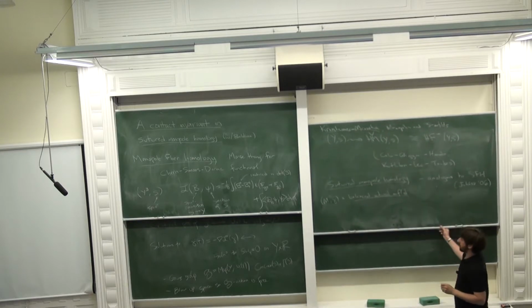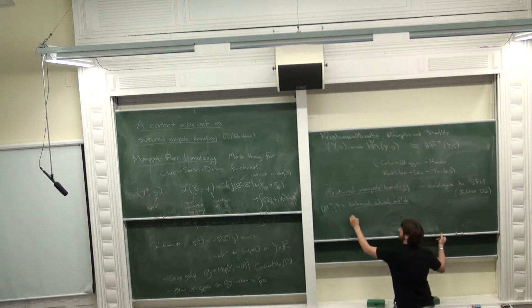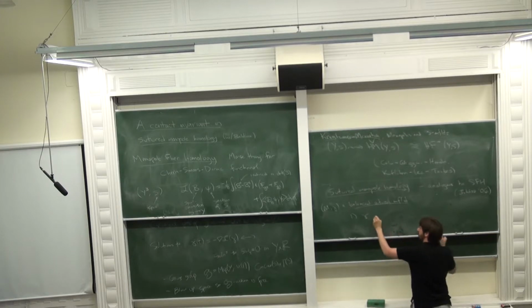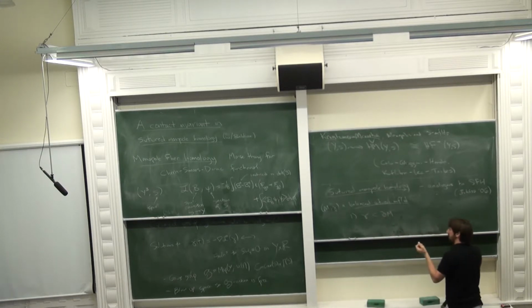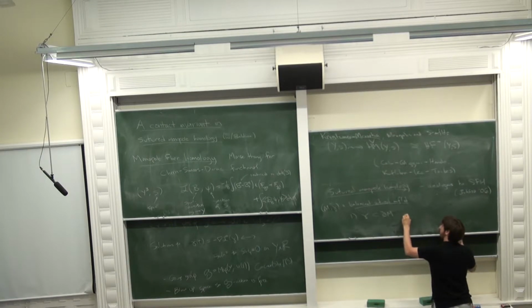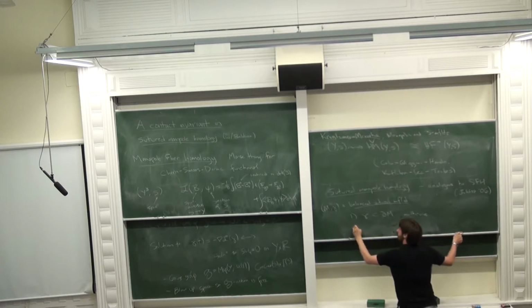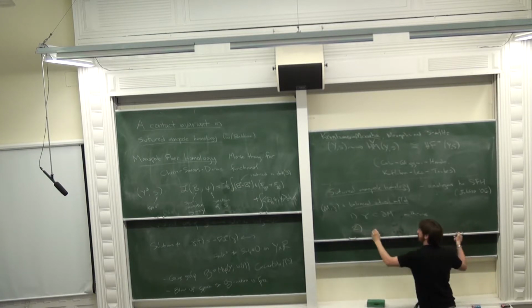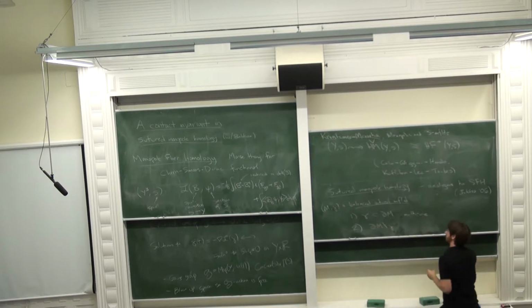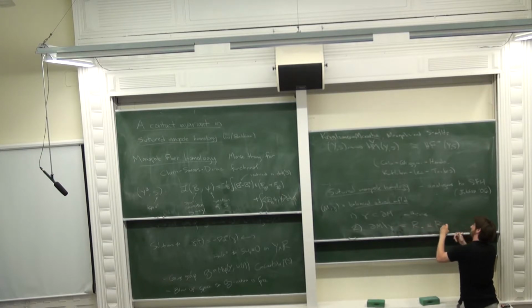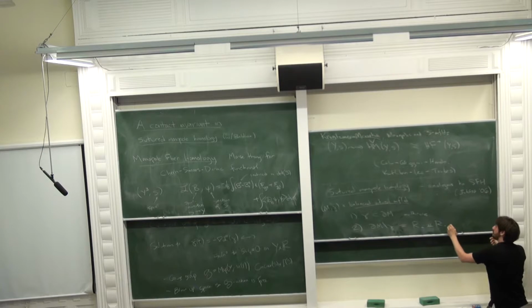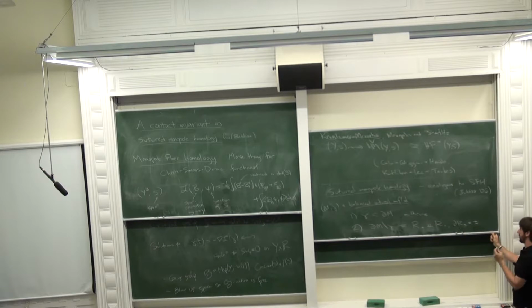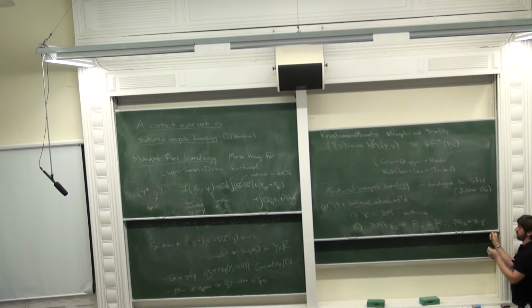And what do I mean by balanced sutured manifold? Well, it has to satisfy a couple things. One is that this thing I've denoted gamma is an embedded multicurve, a one-manifold in the boundary of M. Another is that you can write the complement of that curve gamma as a disjoint union of two surfaces, R-plus and R-minus, whose boundaries, with positive or negative orientation, are actually just equal to that curve gamma.